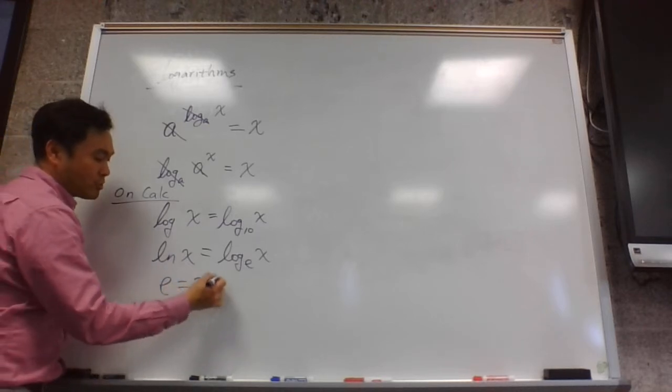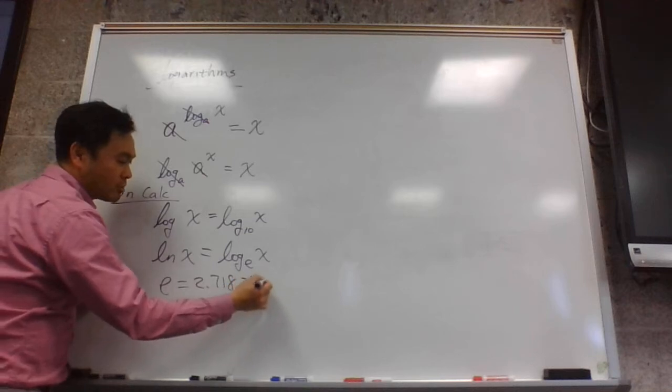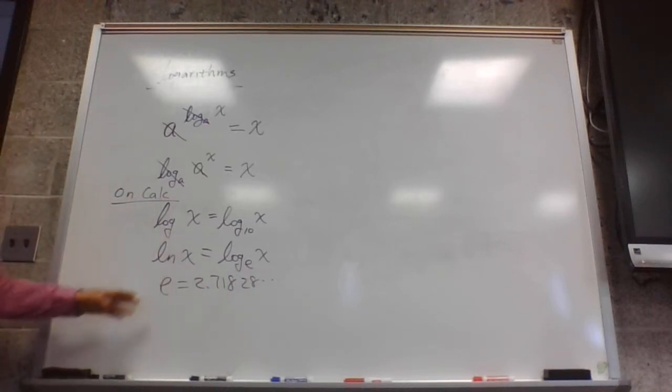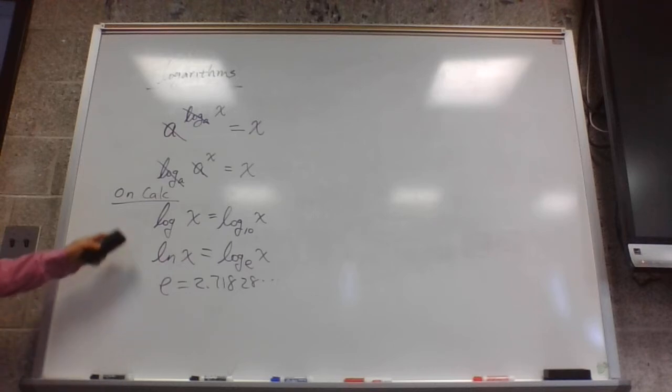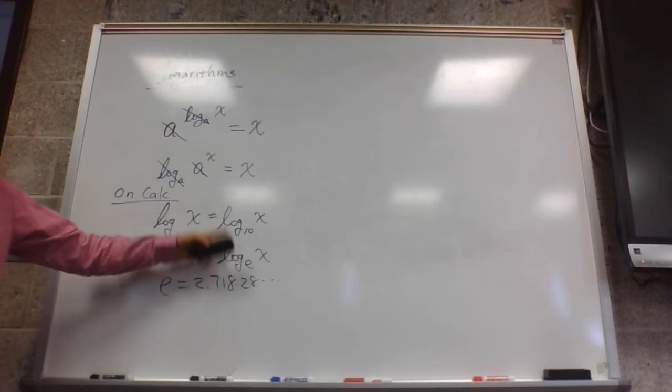It's 2.718. It's some kind of number that's defined by some weird limit. You don't really have to know at this point what this number is. Just know that on your calculator you have these two types.